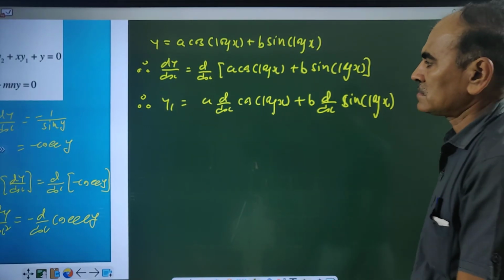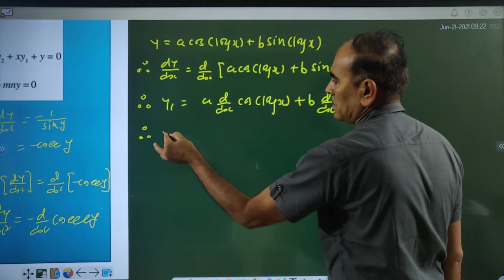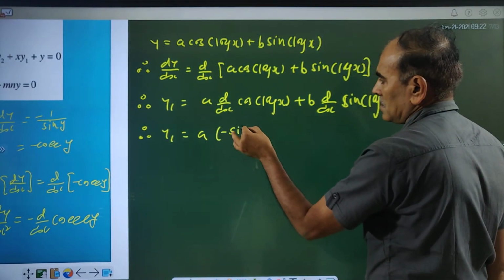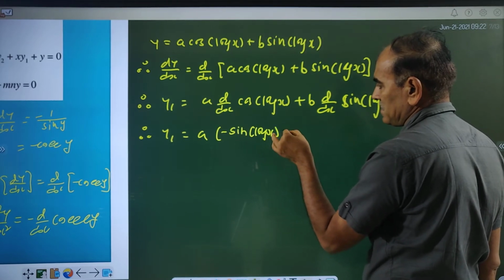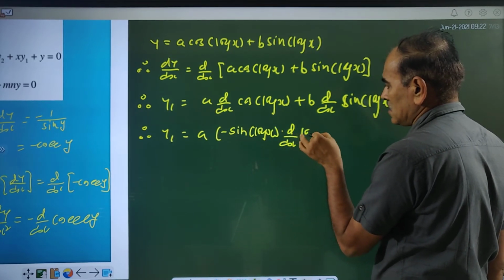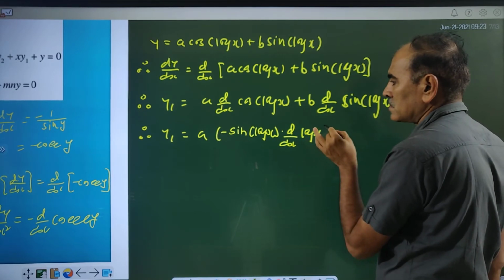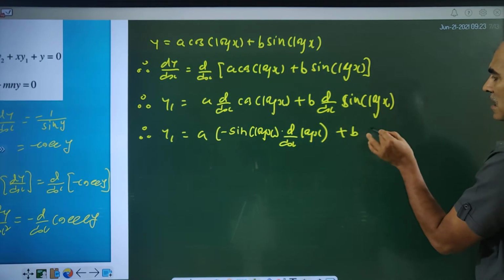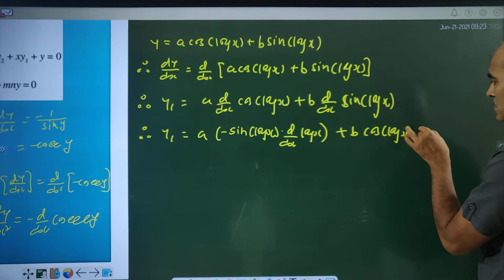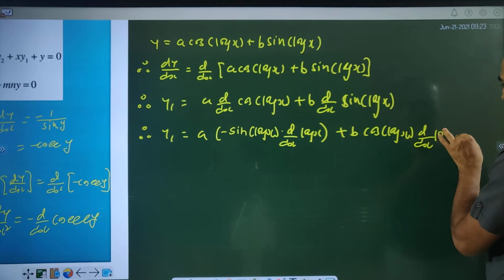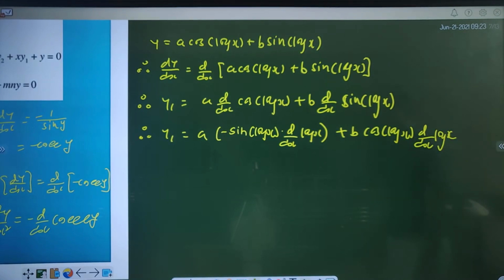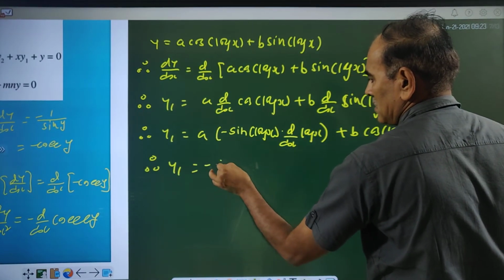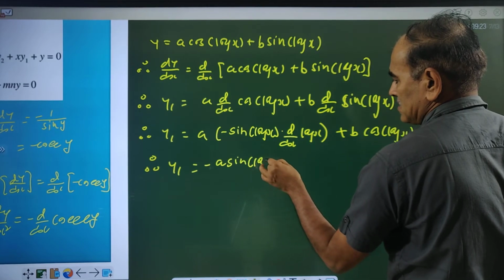So y1 is equal to a cos of some function, minus sin of some function, d by dx of some function, plus b sin of some function, cos of some function, d by dx of some function. So what we get? Therefore y1 is equal to minus a sin log x.